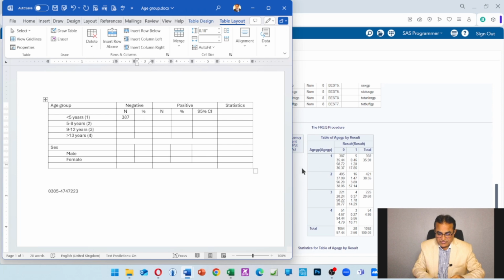So 387, 98.72. Negative, positive are 5, and its percentage is 1.28.